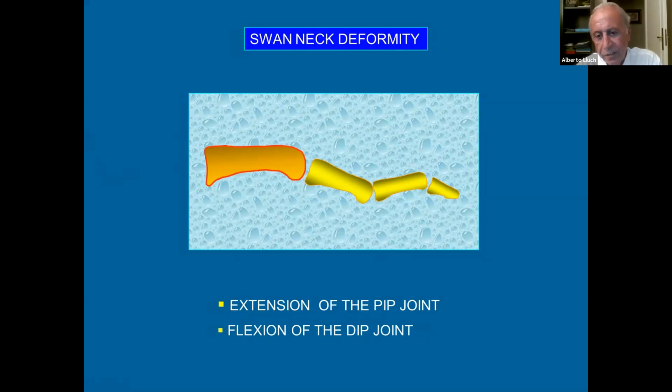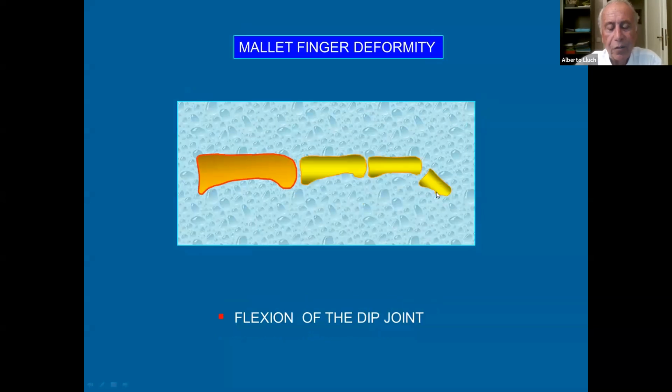We will not have time to talk about swan neck deformities because it's a very interesting subject, but it's not a problem of the extensor apparatus. Swan neck deformity is a problem with the flexor tendons, secondary to a synovitis or not, or use of flexor tendons. Well, if you want, later on in the discussion, we'll talk a little bit about swan neck deformities.